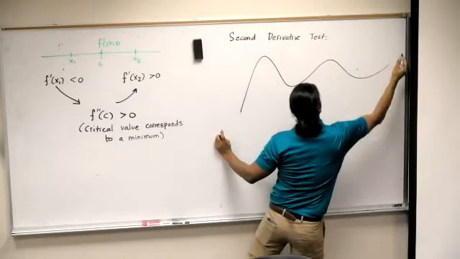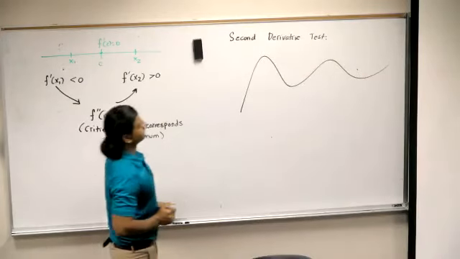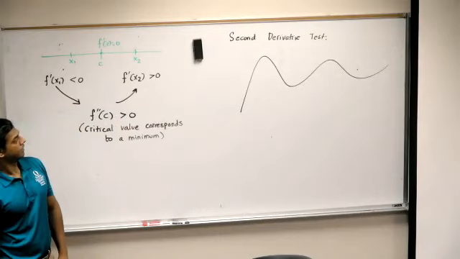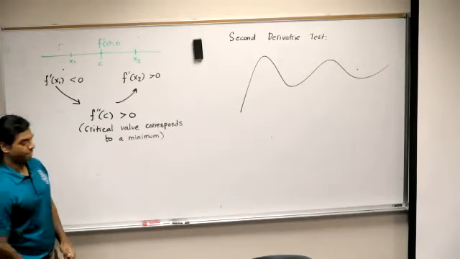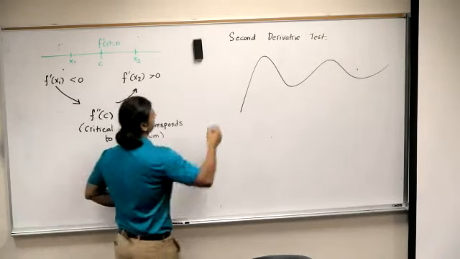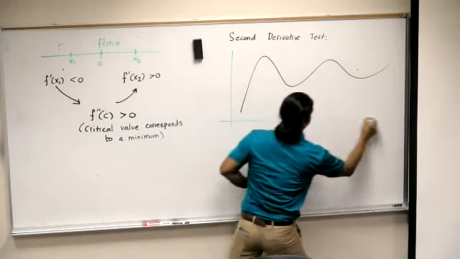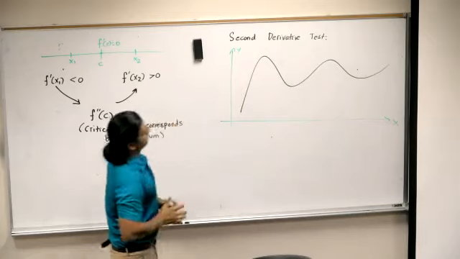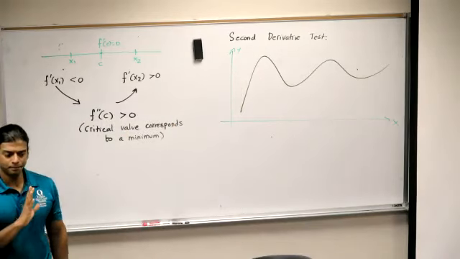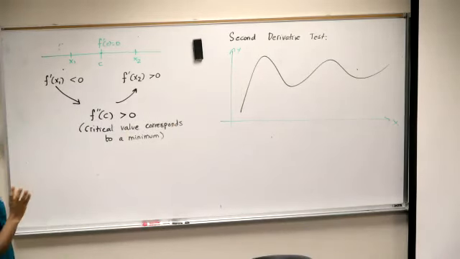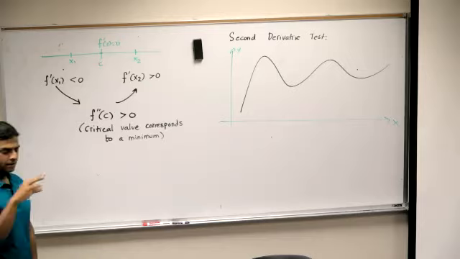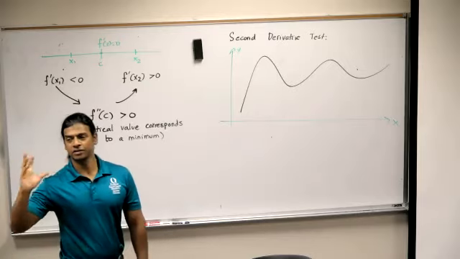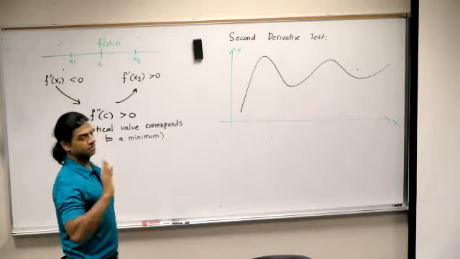So let's say that's my function, and it is concave up in certain intervals, concave down in other intervals. So clearly the function changed in concavity at some point.